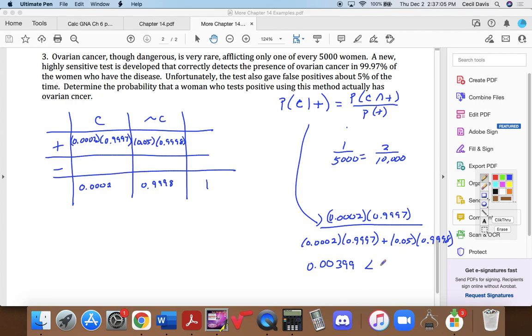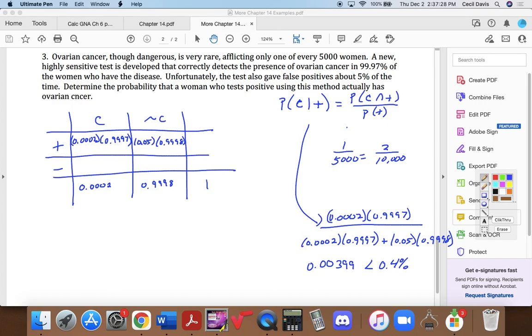Notice that's less than 0.4%. So if you get a positive test, there's only a 0.4% chance that you actually have it. Which is why some of these things that are highly sensitive aren't used.